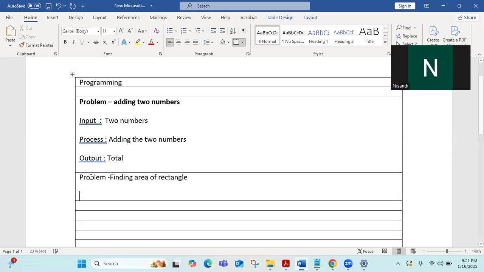So this is my second problem. For this problem, what is the input?